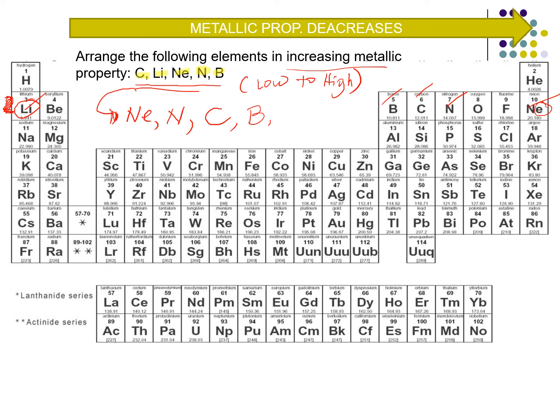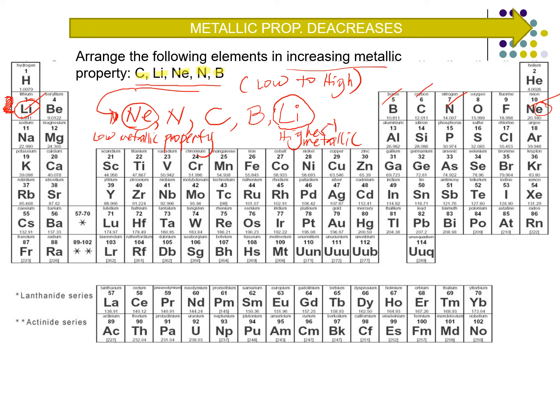And lastly, yung dulo sa left, si lithium. So, anong ibig sabihin nun? Si neon po ay ang may lowest metallic property, at si lithium naman ay yung may highest metallic property.